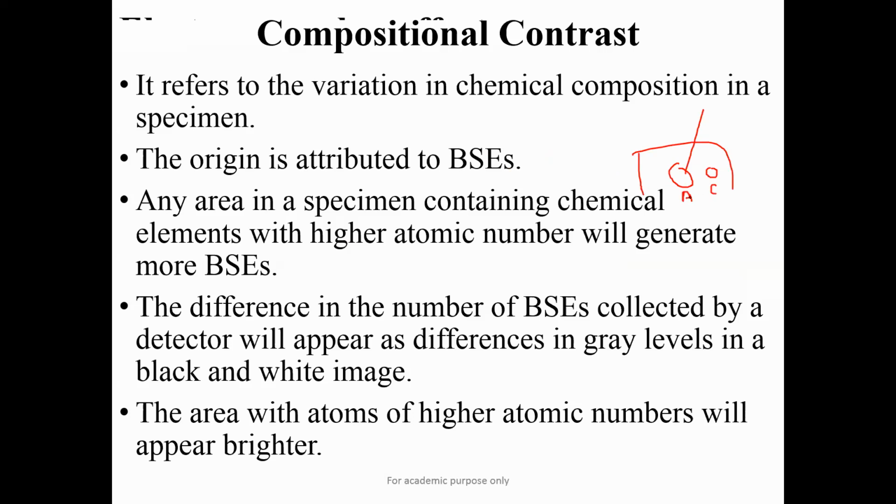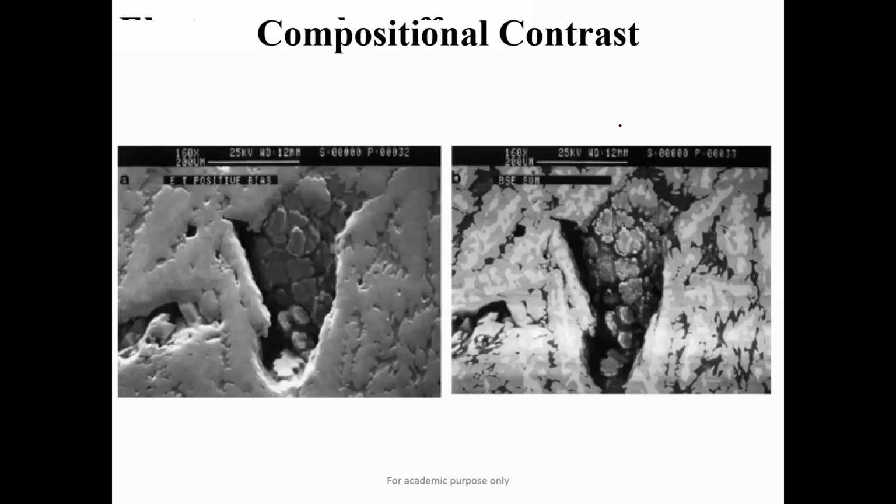This gold will have a large number of electrons, so the number of electrons scattered from gold will be higher than from carbon. So the area with gold will look bright in the image compared to an atom with a lower atomic number like this.